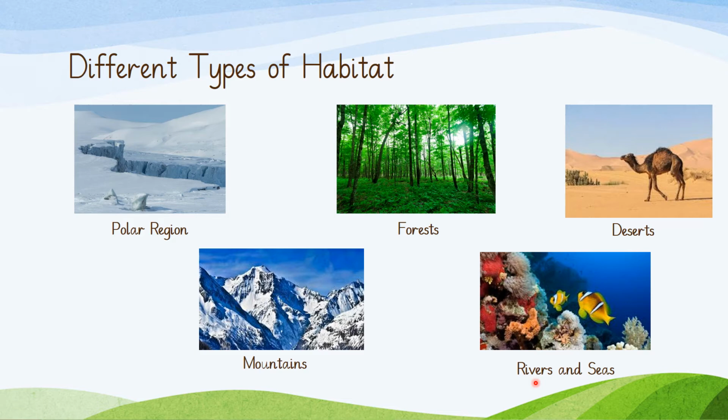These living things cannot survive if you take them to other places. For examples, camels will not survive in mountains and fish will not survive in deserts. So polar region is the habitat that we are going to study in detail.